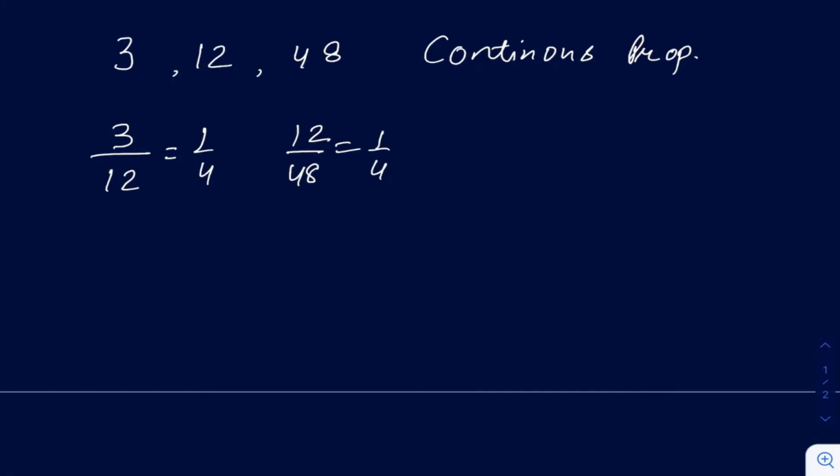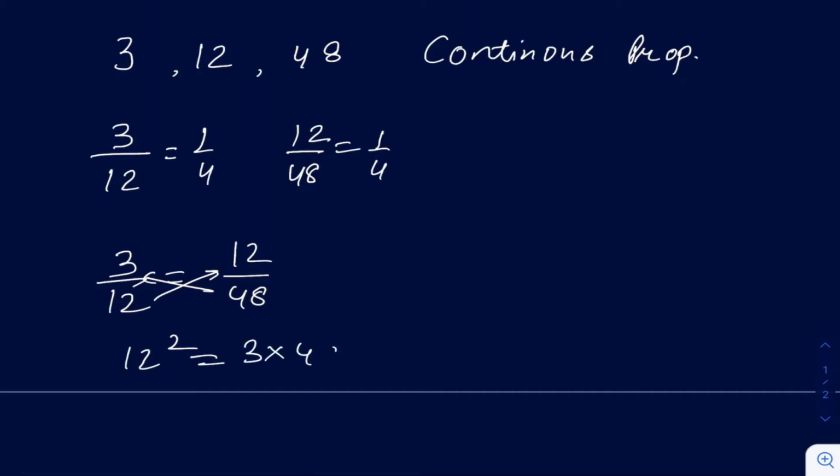Or you can say 3 upon 12 equals 12 upon 48. Or if you cross multiply, you can say 12 square equals 3 into 48. So we can make one result out of it.